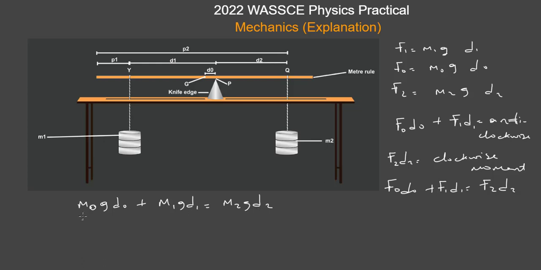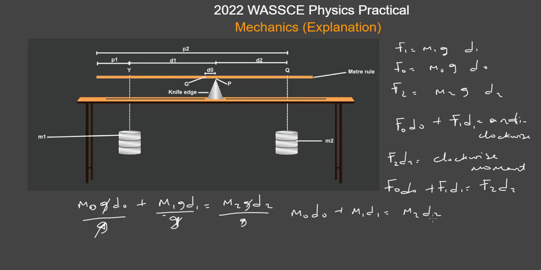You will see that g is common, so we can divide all through by g and cancel out all the g's. You'll be left with m naught d naught plus m1 d1 equals m2 d2.